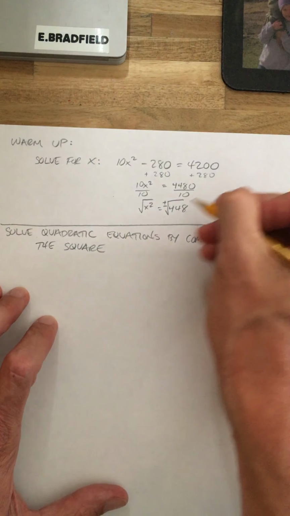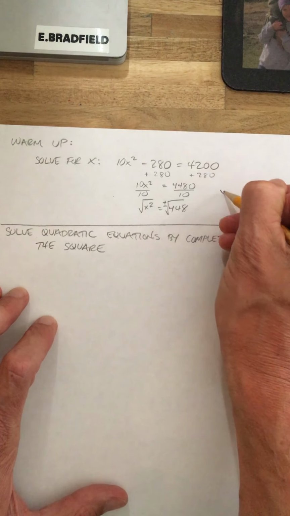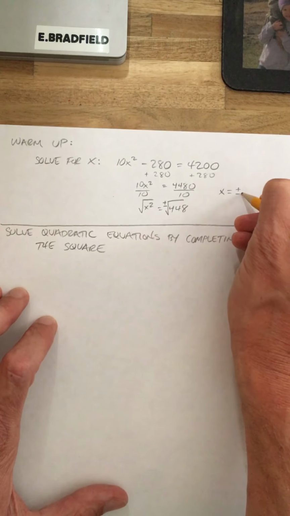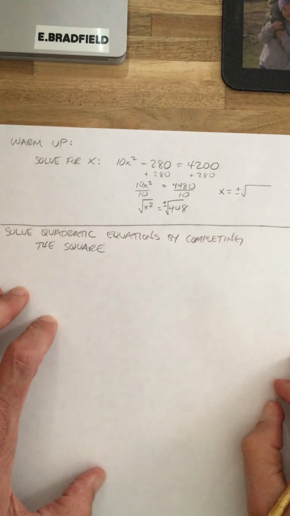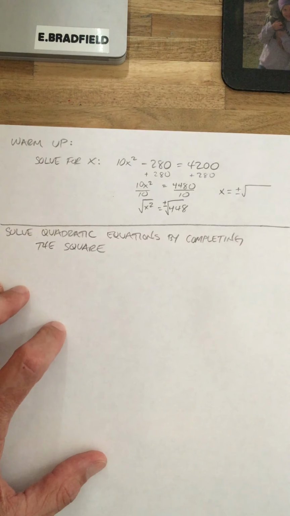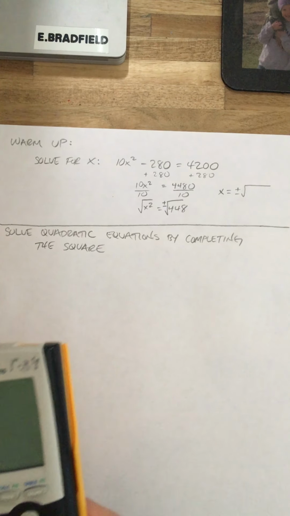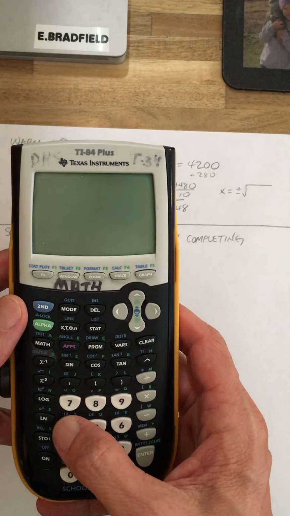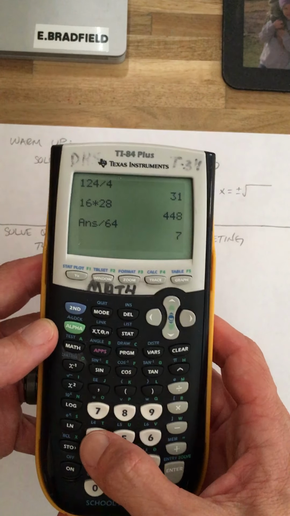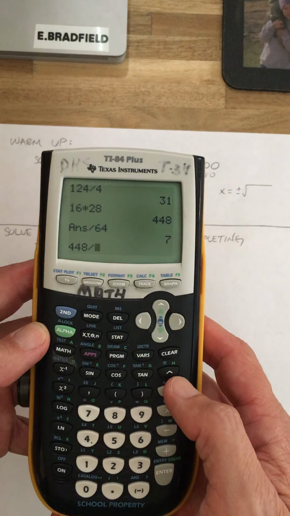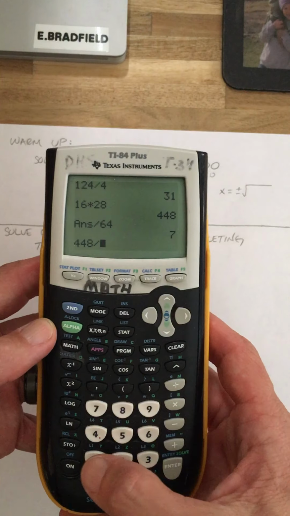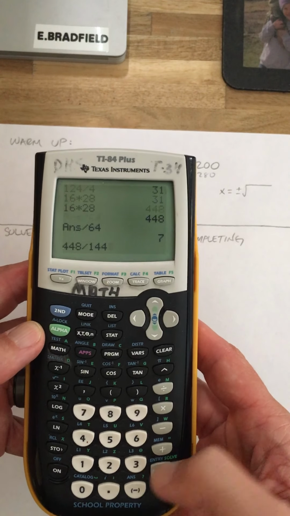The square root of x squared is x, so x equals plus or minus the square root of 448. Now we have to figure out 448, so let's divide by perfect squares, going backwards. 448 divided by 144?